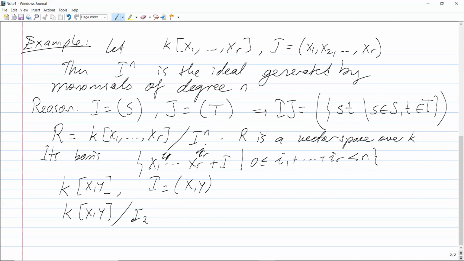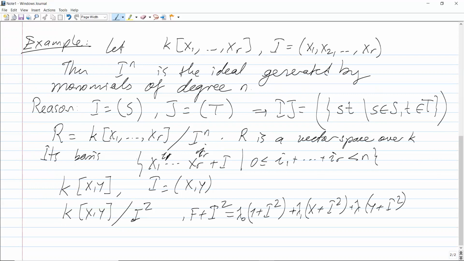If we take any polynomial f and any coset f plus I squared, you can check that any element can be written in this form: lambda_0 times (1 plus I squared) plus lambda_1 times (x plus I squared) plus lambda_2 times (y plus I squared). So the linear combination of these.